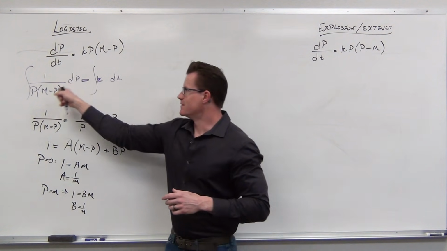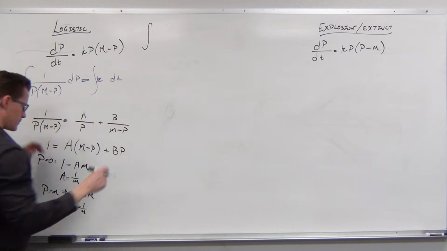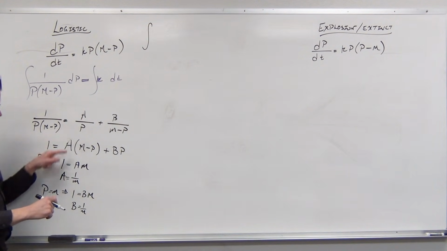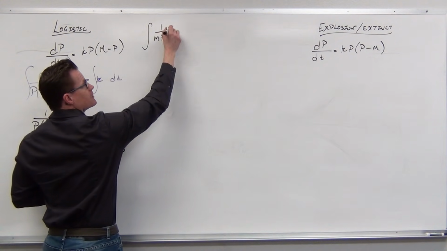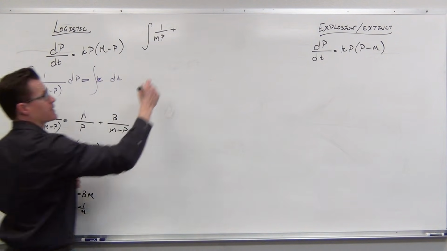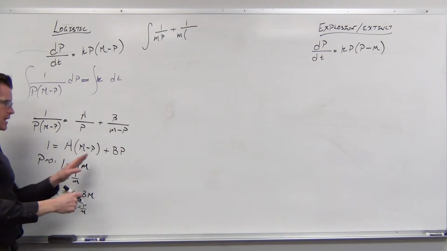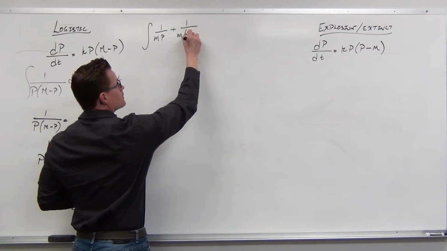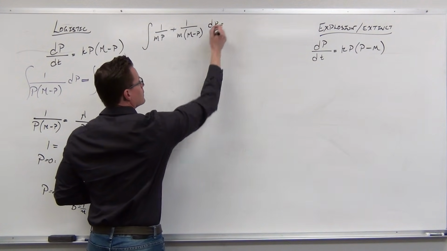And we're going to get that this equals, let's see, A is 1 over M. So 1 over MP plus B is also 1 over M, 1 over M times (M minus P) dP.